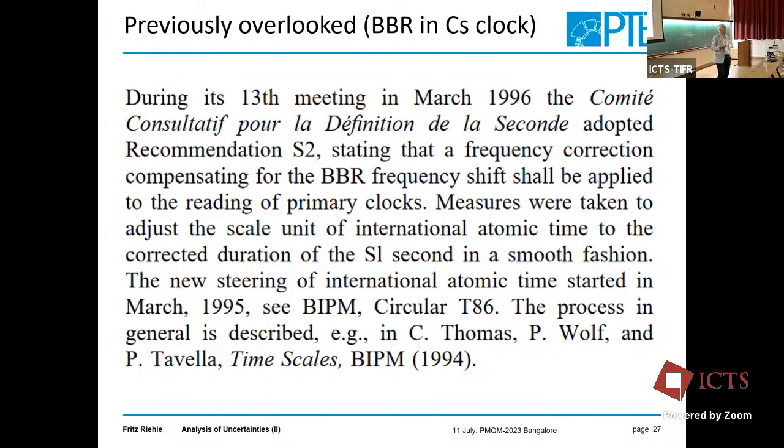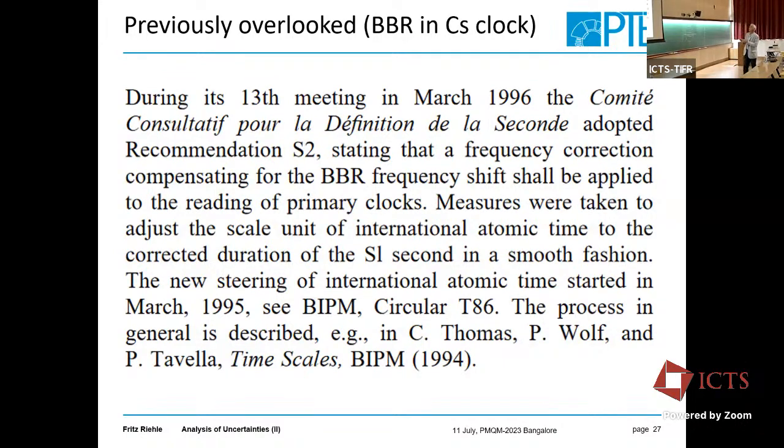I showed last night that the meter convention has several helpers, say, consultative committees on the different systems. And one of those, the consultative committee for time and frequency, considered this and said we have to act. They made a recommendation stating that a frequency shift correction compensating for the blackbody radiation frequency shift shall be applied to the reading of the primary clock. As I said before, not all had applied this correction.